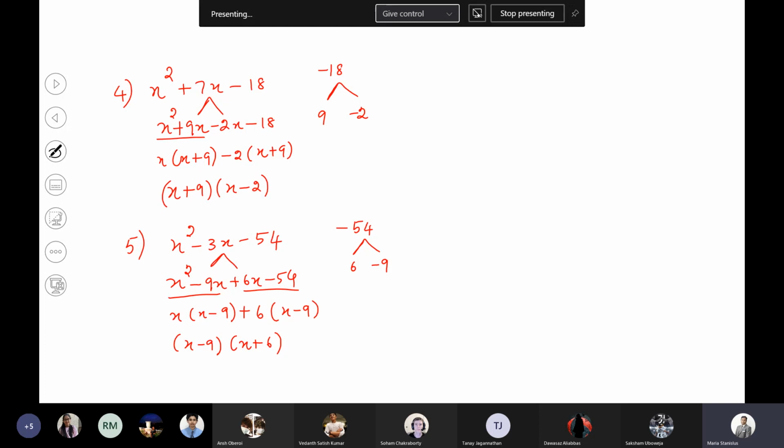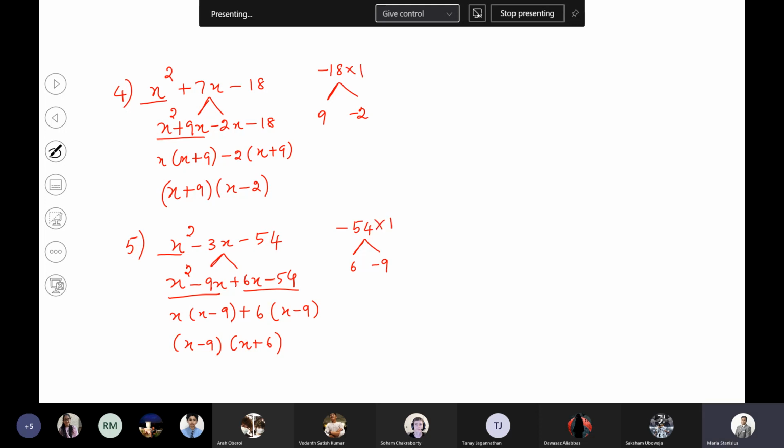a coefficient, look at the leading term. Leading term means the first term. The coefficient is 1. If the coefficient is 2 or any other number, we have to multiply both numbers together. So actually, the product is this.